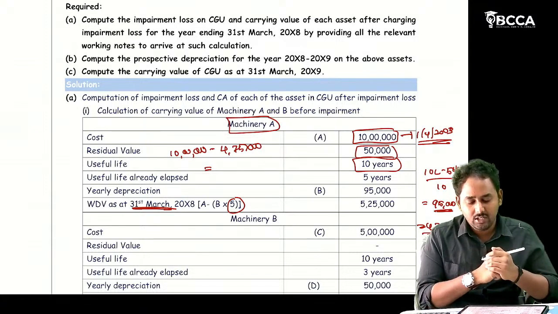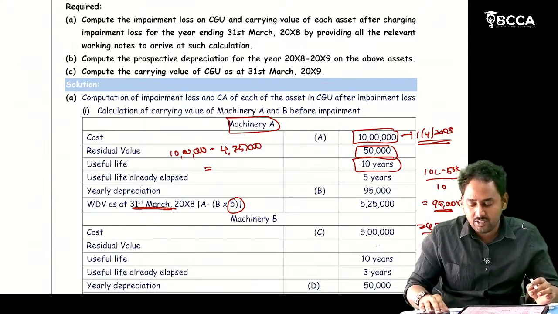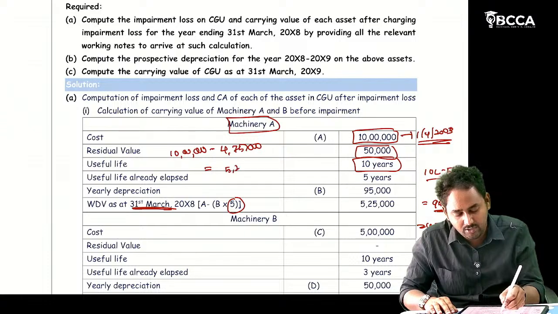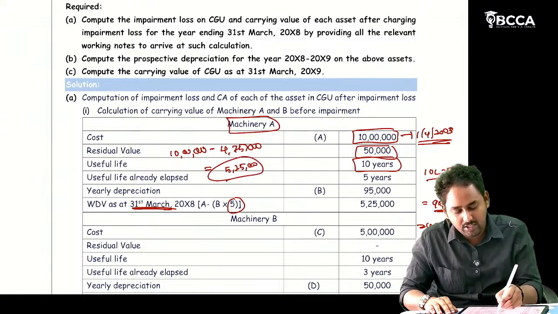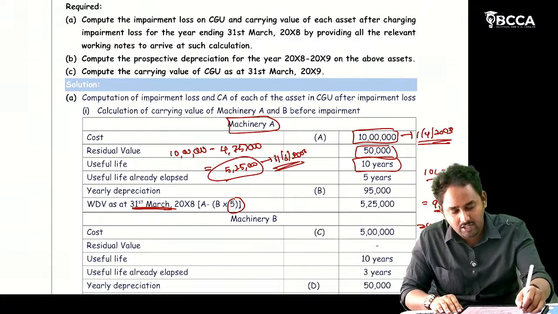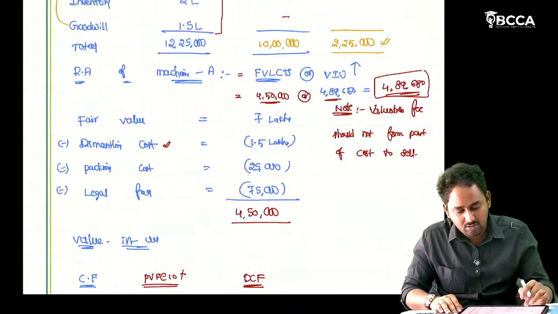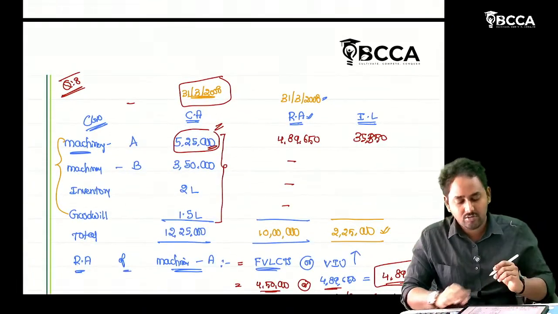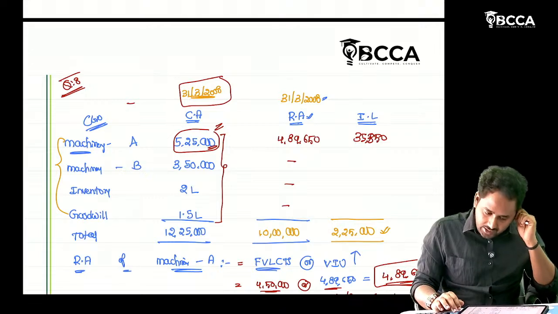And what is the carrying amount after providing the depreciation? It is 5,25,000. So the carrying amount of the machinery A as on 31st March 2008 is 5,25,000.